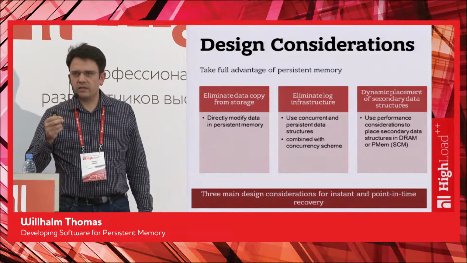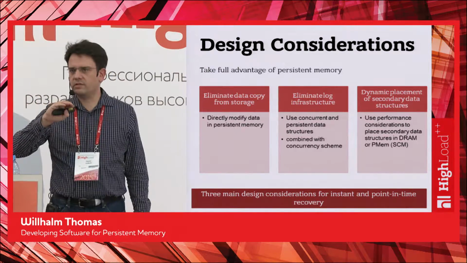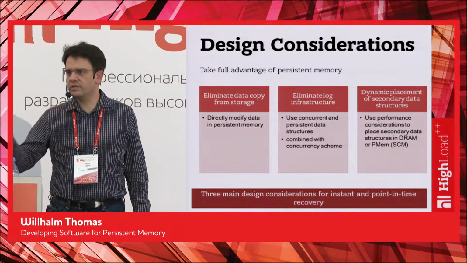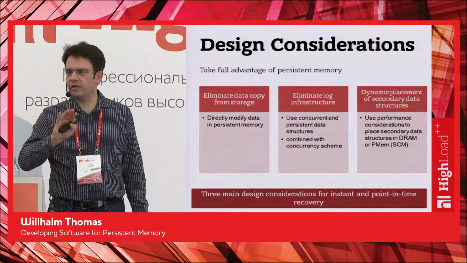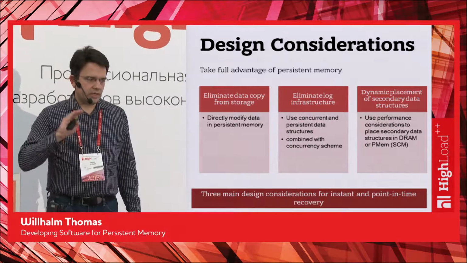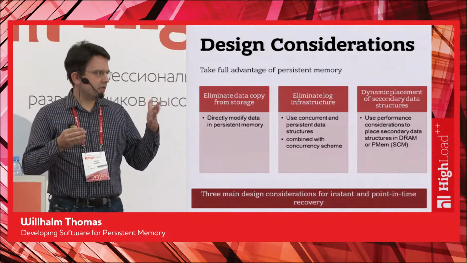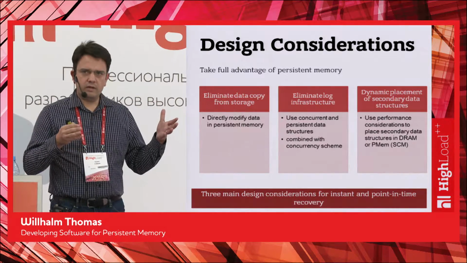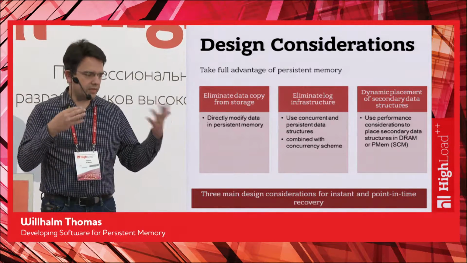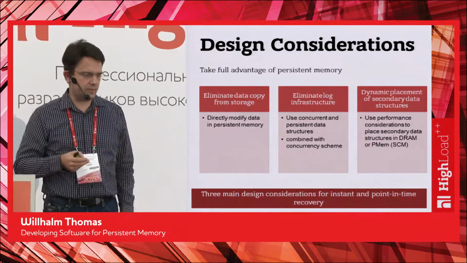So one thing is that you directly modify the data in memory. There is no such concept as a persistent copy on disk. We are working directly in persistent memory. On the other hand, we want to be efficient in the way that we can program against it in a concurrent fashion, using concurrency at the same time.